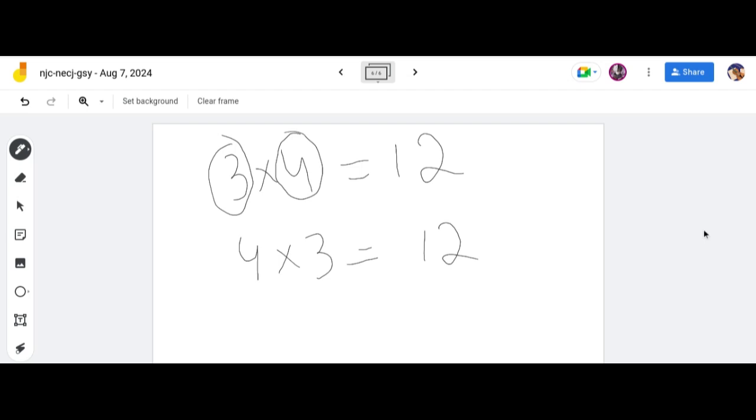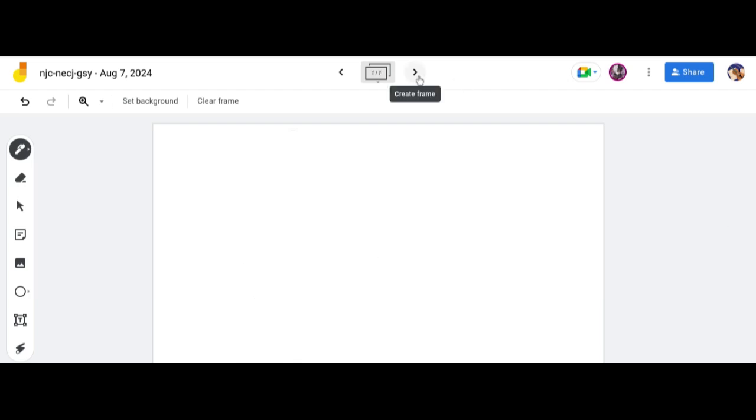Remember that if you multiply two numbers, those two numbers are exact factors of the answer. What other multiples do we have? Okay, 3 twos are 6. So 6 is an exact multiple of 3 and an exact multiple of 2 also. Can you give me another example of an exact multiple of two numbers?